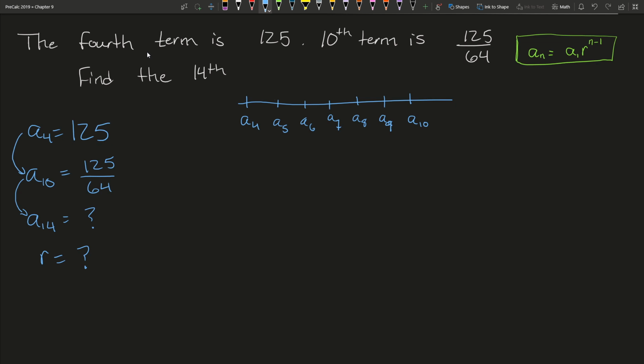And we have to multiply by that number six different times. Okay, so in order to go from the 4th term to the 10th term, we have to multiply by some number 6 times.